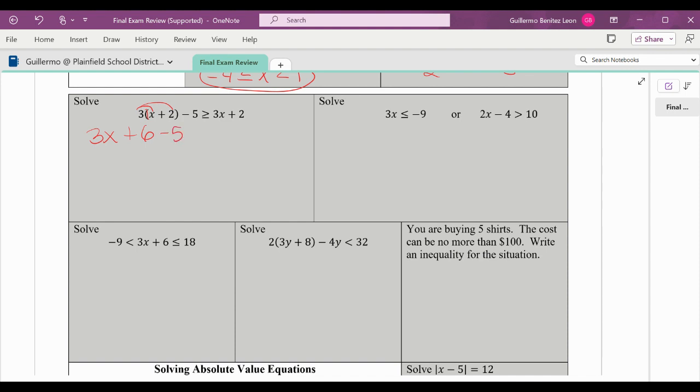Bring down the -5, inequality sign, 3x plus 2. Combine like terms. I cannot combine the x's. They're on different sides, but I could combine these two. They're just regular numbers. 6 minus 5 is 1.